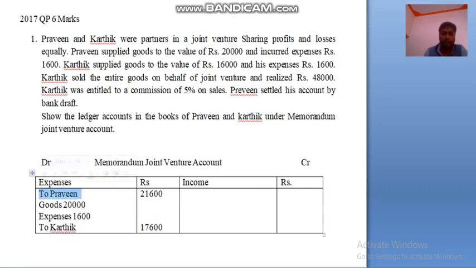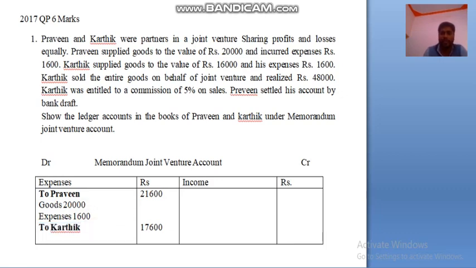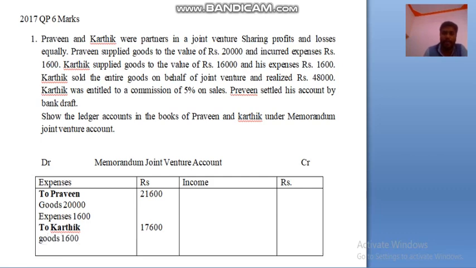This is paid by Praveen, and this is paid by Karthik. So the second transaction is also over.